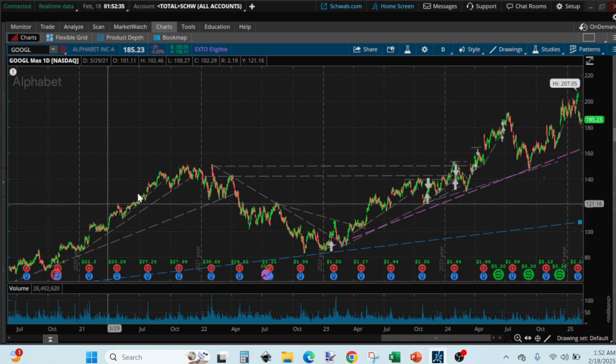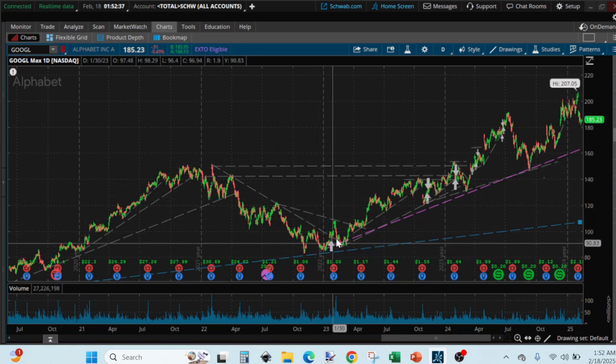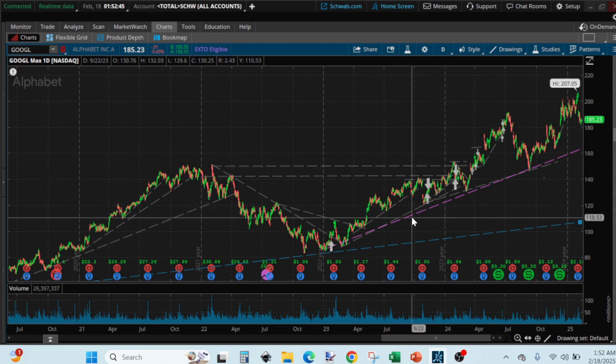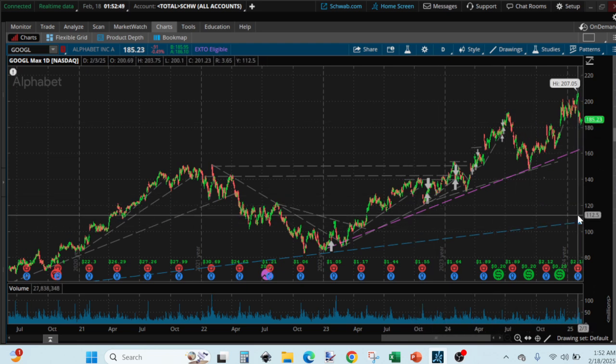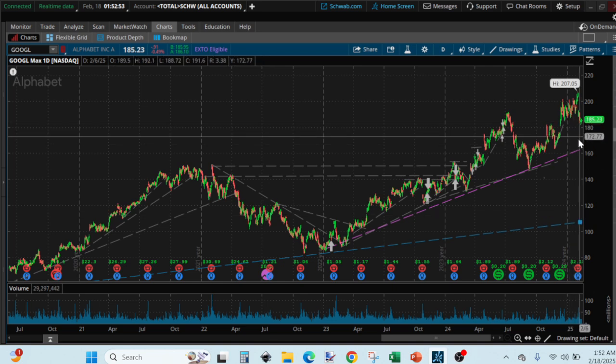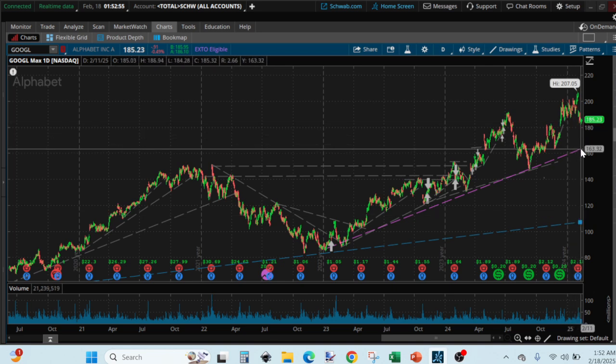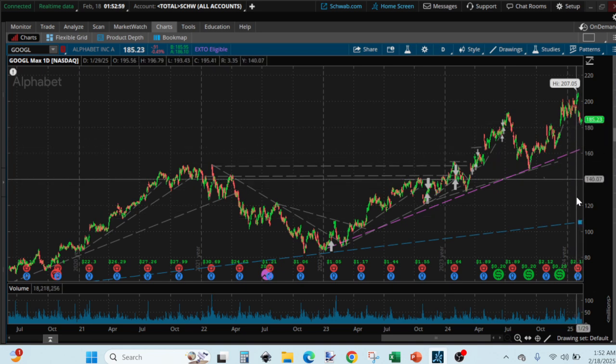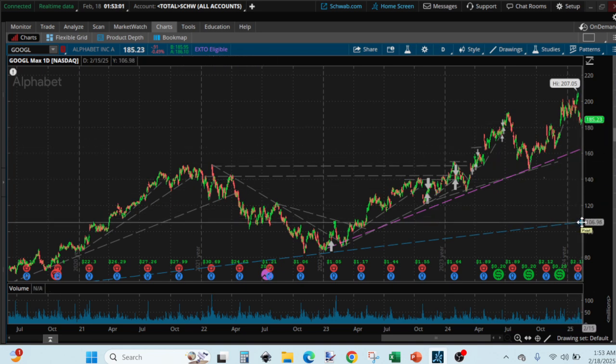Because of this wide mountain here, it could replicate that pattern here, and that is just the probability. It does not mean that's what will happen. So it will be a little bit of a risk to buy here if it's going to have a bigger descent to this trend line.